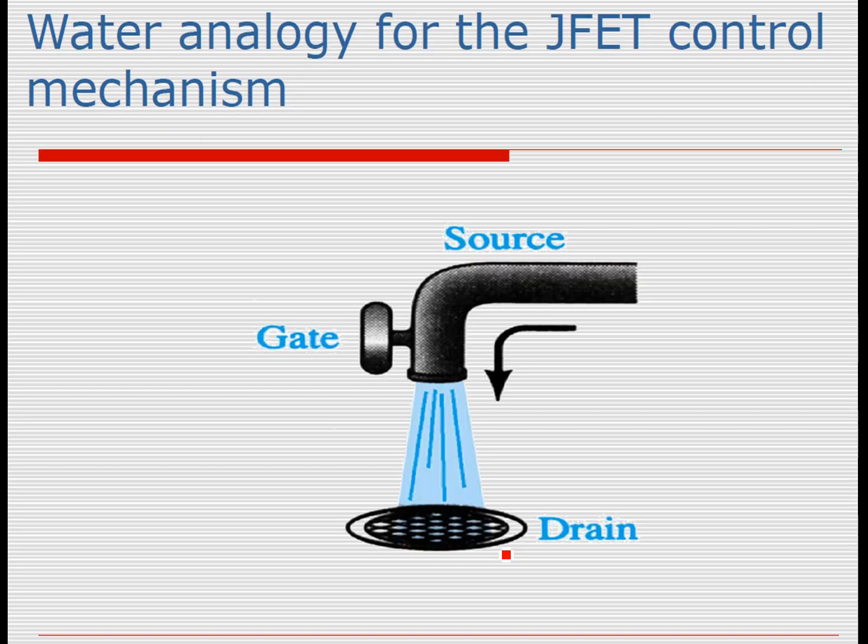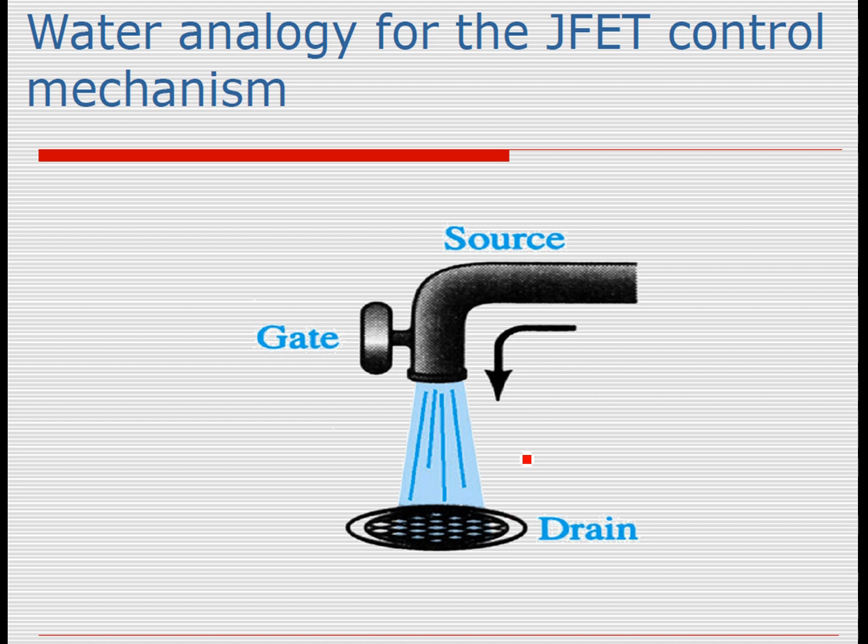Here you can understand the operation of the junction field effect transistor by taking the water analogy for the JFET control mechanism. Here you can see the wall represents the gate terminal, the water is the source and this is the drain.